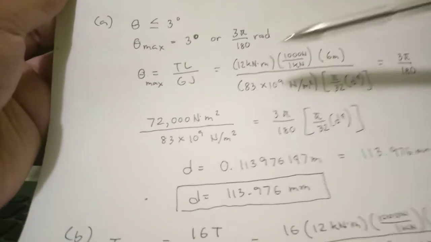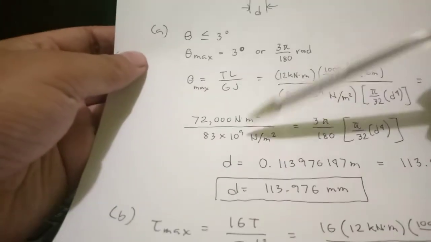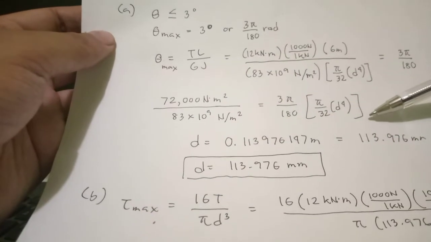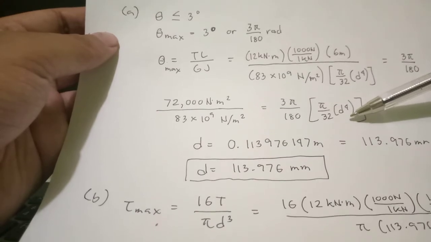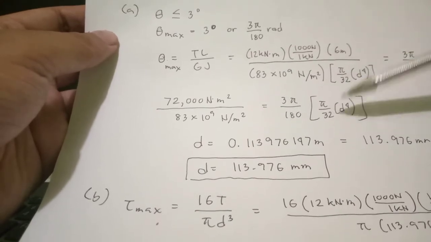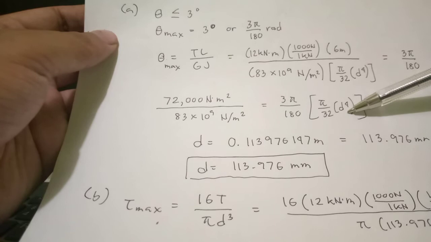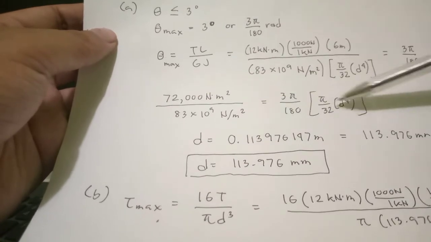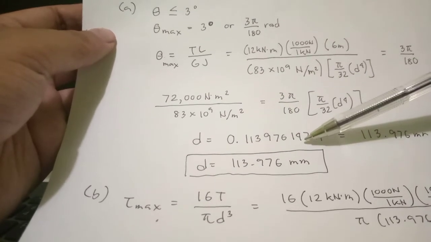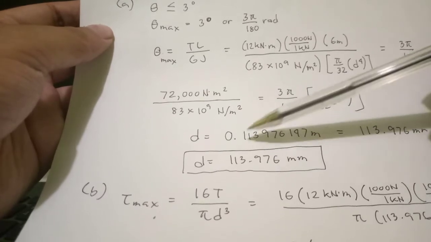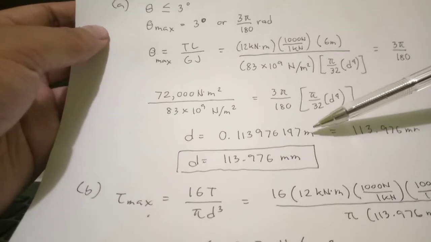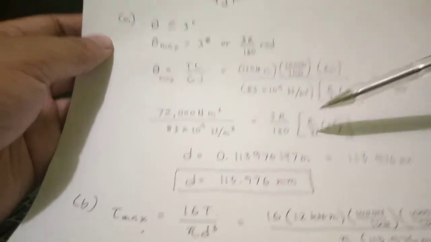So we get 3 pi over 180 equals the torque term multiplied by 1 over pi 32 D to the fourth over 4, by algebraic manipulation. From this we can solve the value of your diameter as 0.013976147.